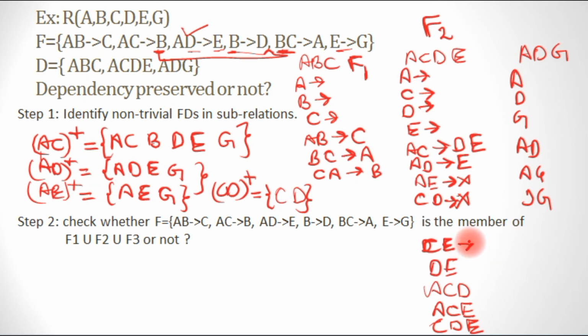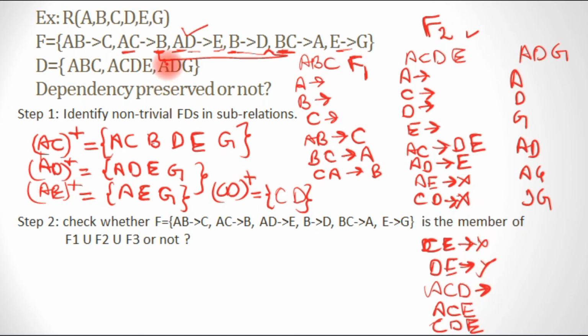Now check CE. CE determines CE. No, CE determines no attribute. DE. DE determines no attribute in the set ACDE.